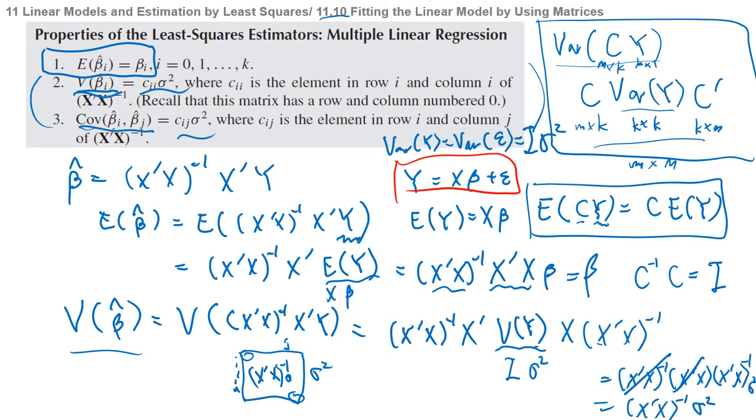So we proved this, and if you admit this property, we can simply prove these properties. I will not explain these two properties more formally; I think they will be covered in the multivariate statistics class or linear model class.